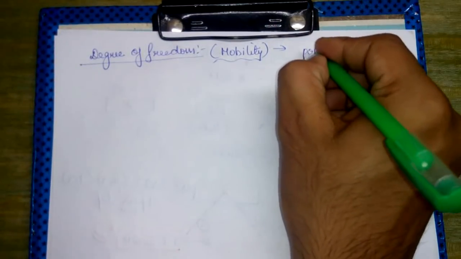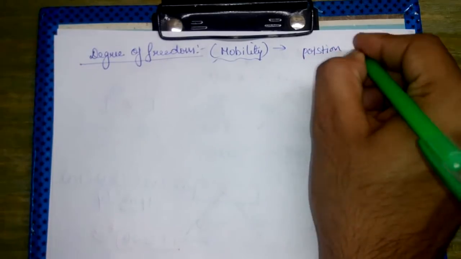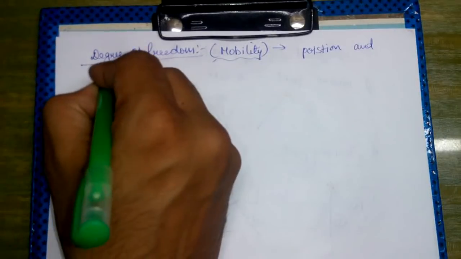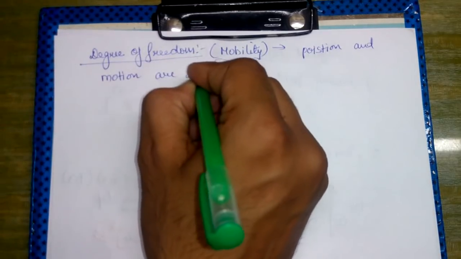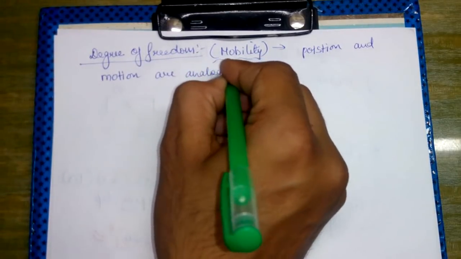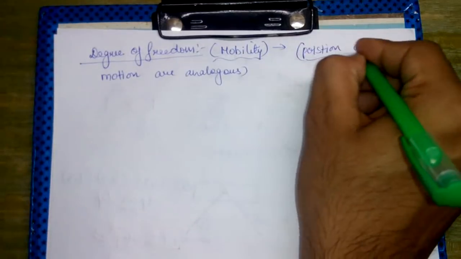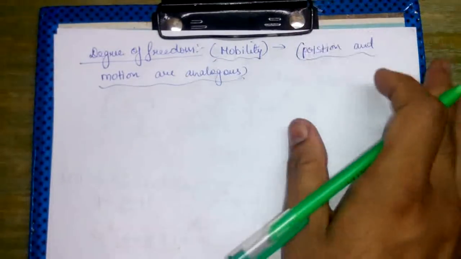So in TOM, position and motion are actually considered to be analogous.